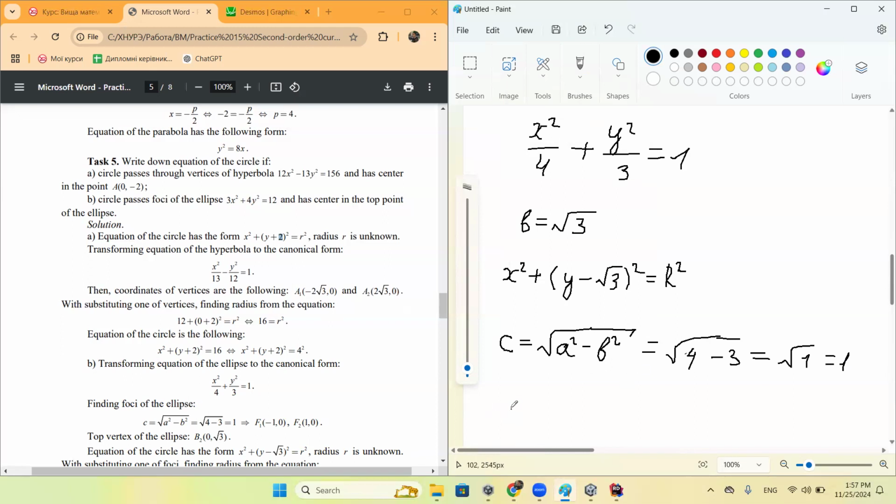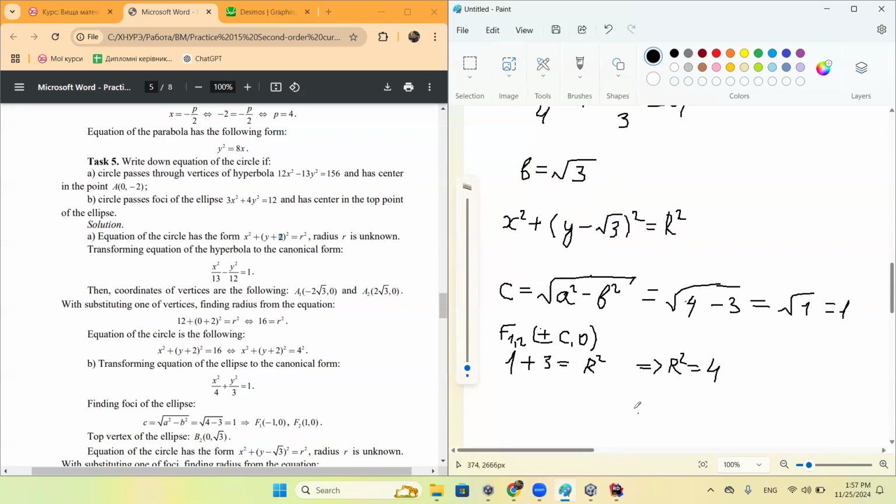So let's substitute. By the way, F1, F2 have coordinates plus minus c, 0. So 1 plus 3 equals r in power of 2. So radius in power of 2 equals 4.